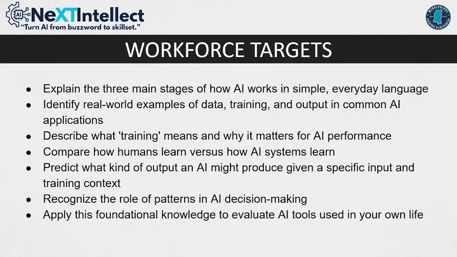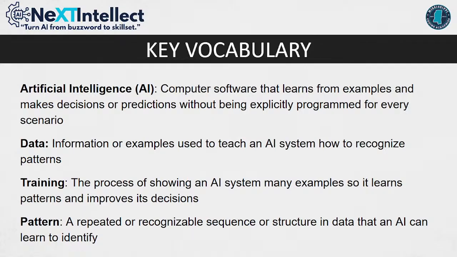Compare how humans learn versus how AI systems learn. Predict what kind of output an AI might produce given a specific input and training context. Recognize the role of patterns in AI decision making. Apply this foundational knowledge to evaluate AI tools used in your own life.